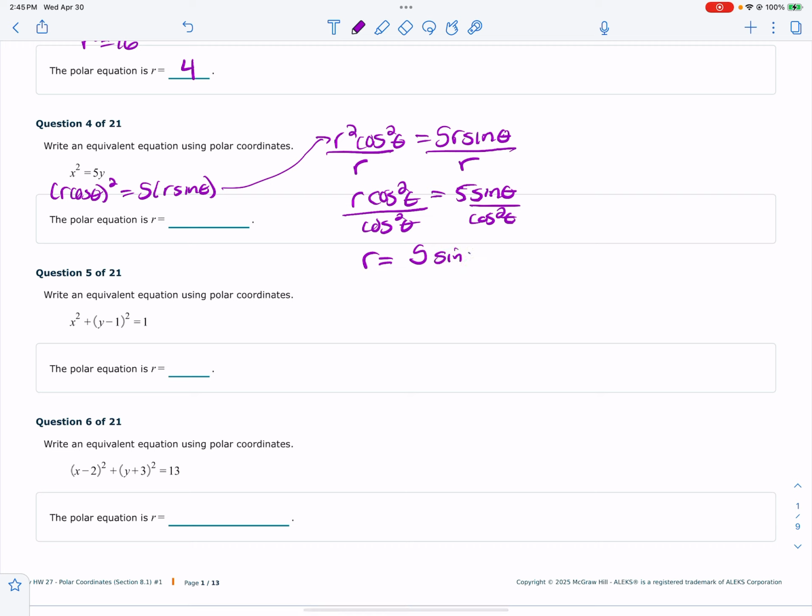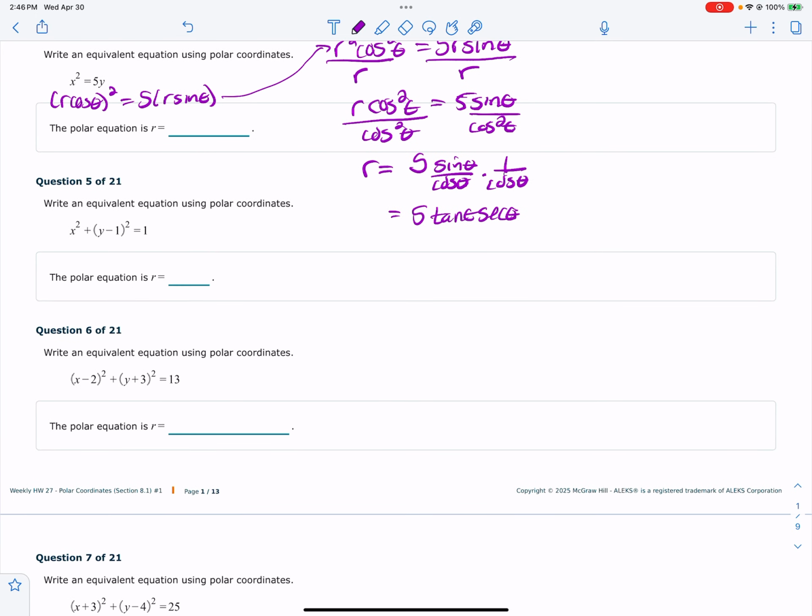But we should write that as sine theta over cosine theta times 1 over cosine theta, because I think the goal is to generally not have any trig functions in the denominator. So if we can avoid that, we should. And then we also need to write it in trig functions in the smallest powers that we can. So sine over cosine is tangent, and 1 over cosine is secant. So this would be 5 tangent secant.